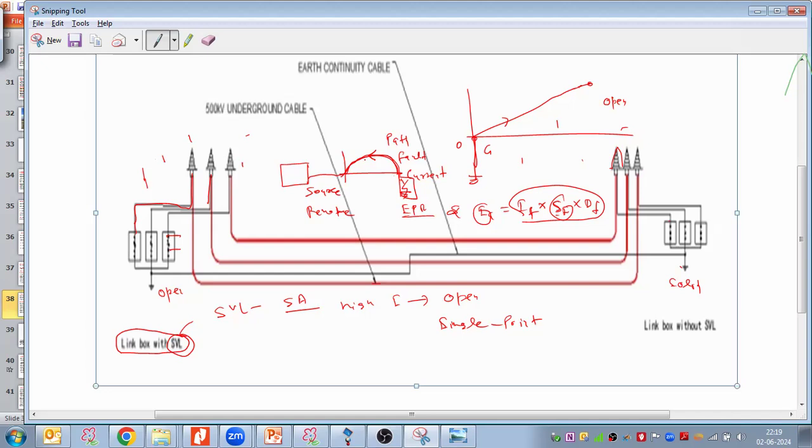But if I'm not doing solid grounding of the sheath, then we have an open terminal.